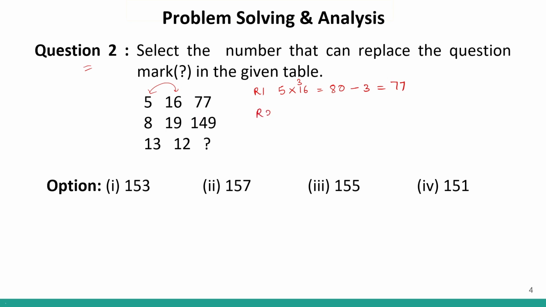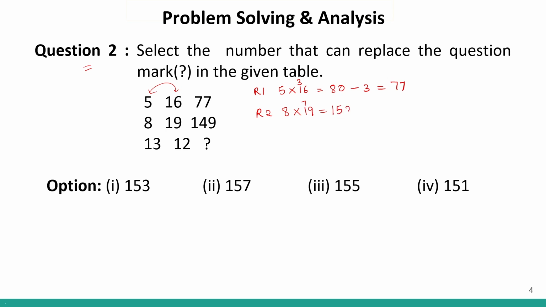So in row 2, I am checking 8 into 19. How much will that give me? 8 into 19 will be 2, 7 carried, 152.